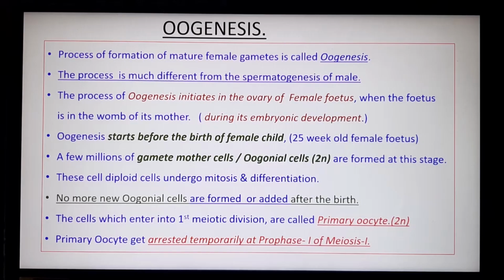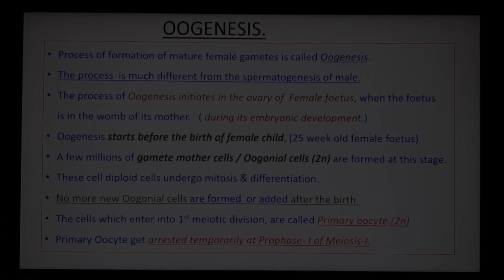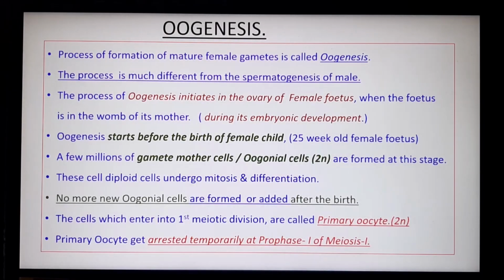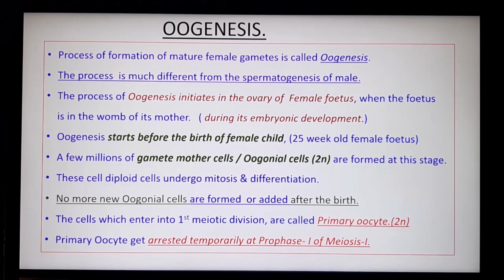The process of oogenesis initiates in the ovary of the female fetus when the fetus is in the womb of its mother. That means when a fetus is formed in the uterus of its mother, this process, oogenesis, initiates.